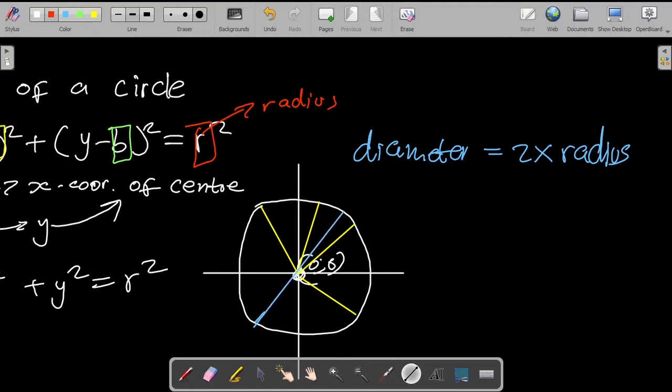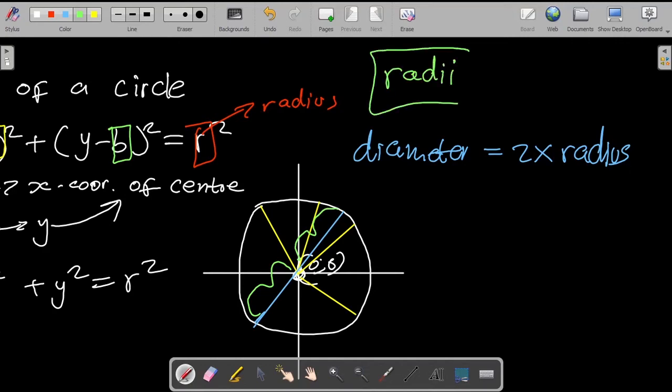Since the radius is a line from the center to the circumference, you can see that a diameter makes 2 radii, however it's pronounced, it doesn't really matter. As long as we know that a diameter is twice the radius. That is a fact.